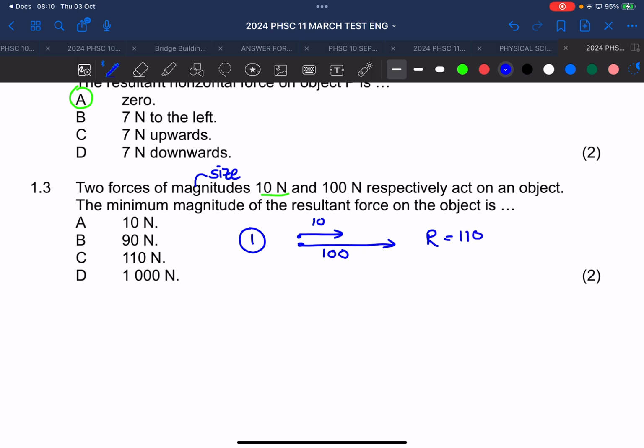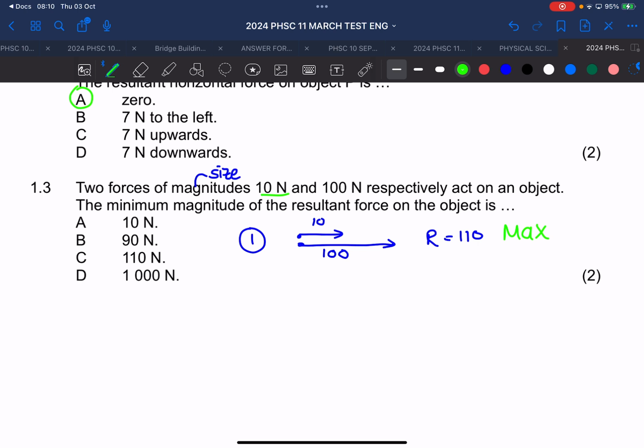Okay. That is when they act in the same direction, that is the maximum that it can be. It can't be more than 110.